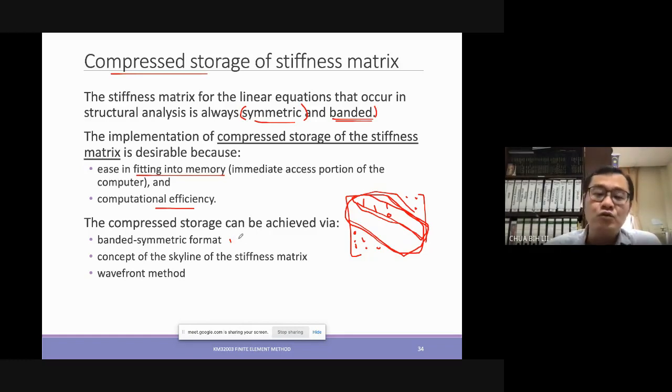There are the banded symmetric format, the skyline format, and the last one is not necessarily about how it's stored, but more on how the computer will load the data and process this.